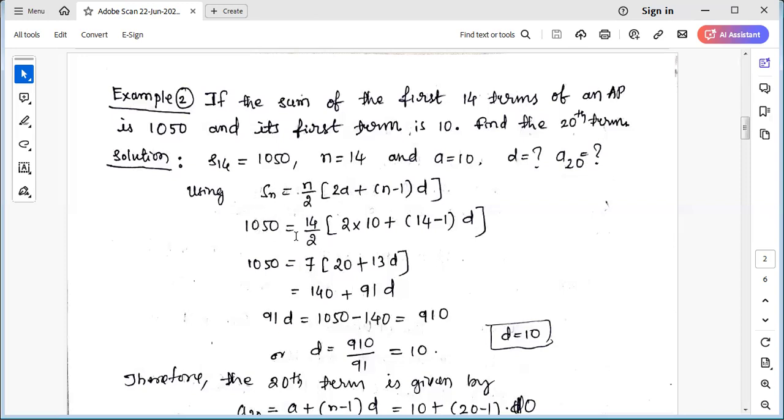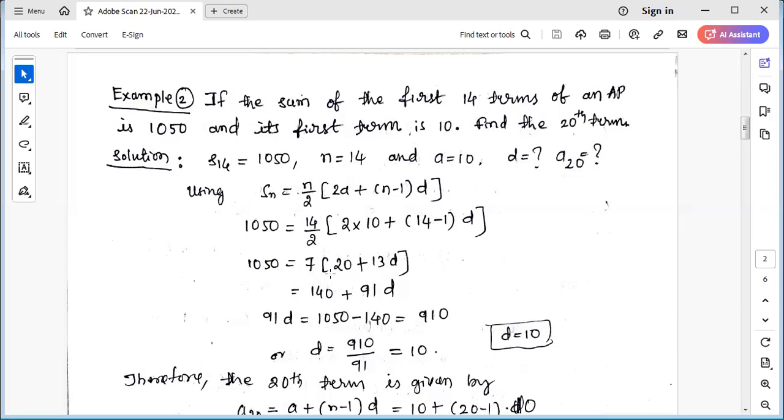Sn is 1050 and n is 14, divided by 2, into 2 into a, a is 10, substitute, and n is 14, 14 minus 1, and d we don't know. So all the values are substituted. So simplify this one. 1050 is kept as it is. 14 by 2 becomes 7, and 2 into 10 is 20, plus 14 minus 1 is 13 into d.